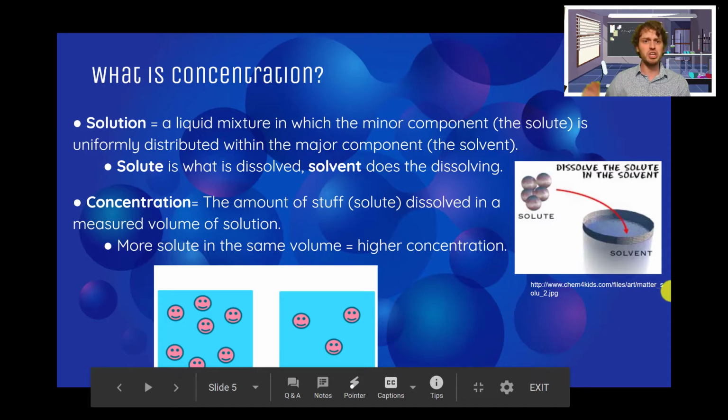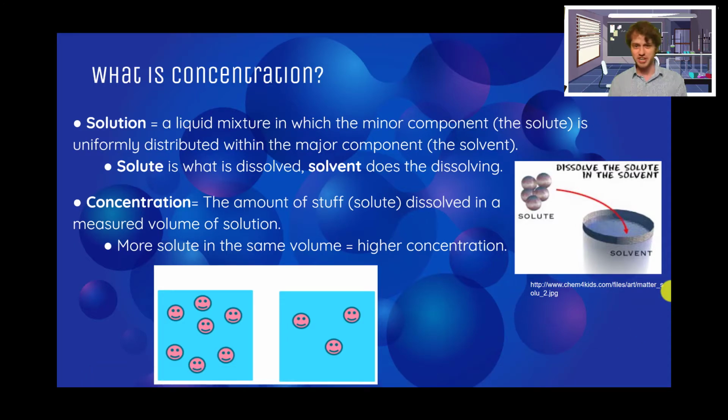So I wanted to talk really quickly about concentration, right? Because I'm a chemistry teacher and I think that having an understanding of concentration is going to help us out. When I say words like solution, I mean a liquid mixture that has something dissolved in it. The thing that I dissolve is called the solute, and the thing that does the dissolving is the solvent. Typically the solvent is water and the solute is some kind of molecule or ionic compound.